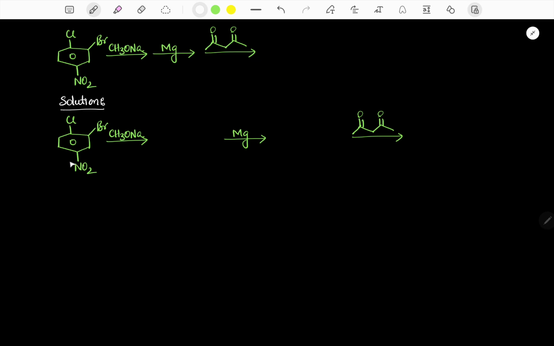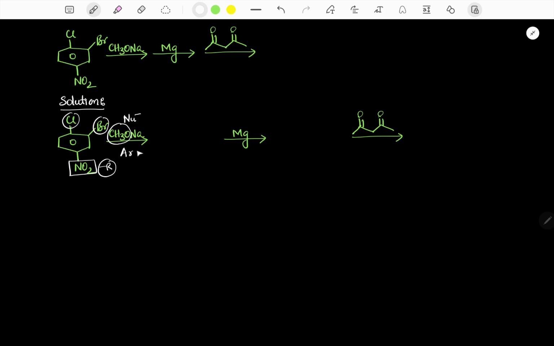The reactant has NO2 group and leaving group. Now it is treated with nucleophile CH3O minus. So here if you observe the reactant, it has a leaving group, para position minus R, and you are adding a nucleophile.